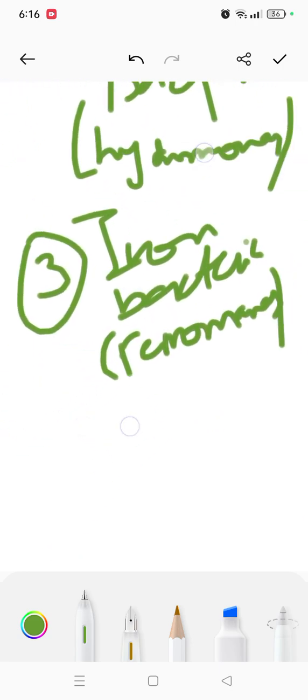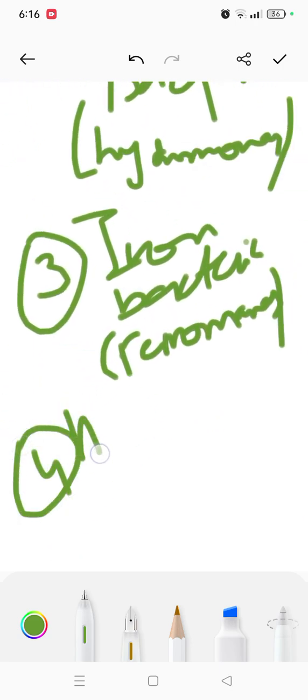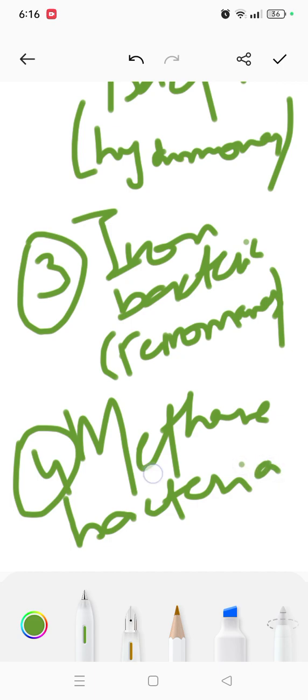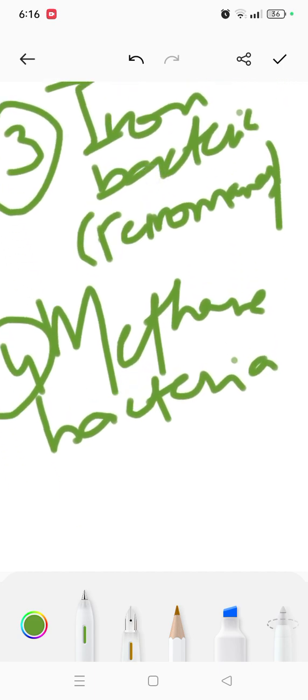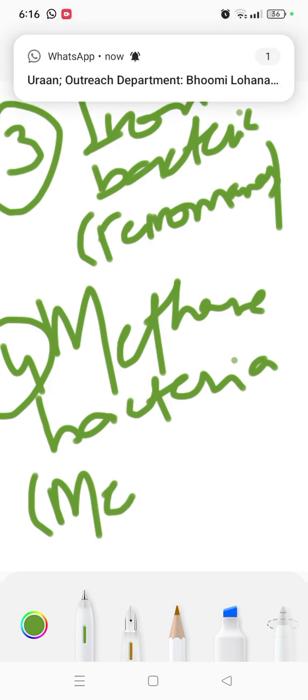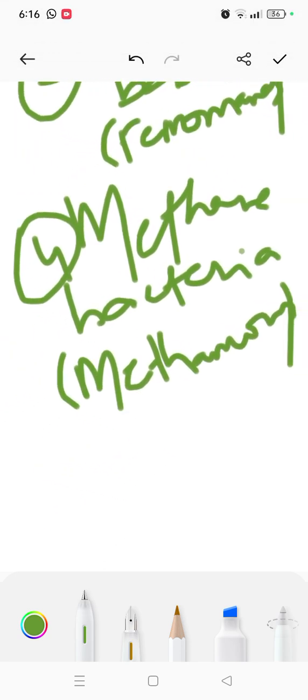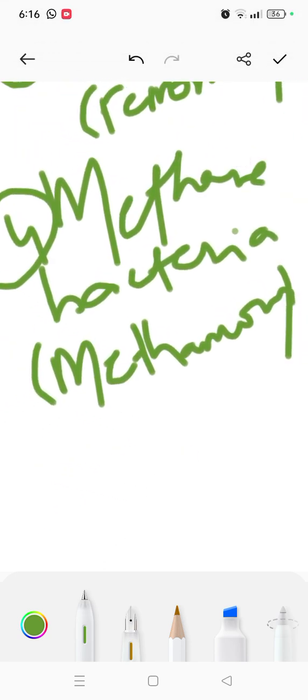And we have methane bacteria, also called Methanomonas. And we have another which is nitrifying bacteria, the fifth one.